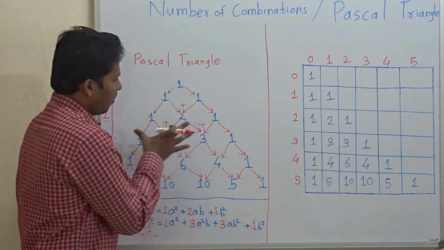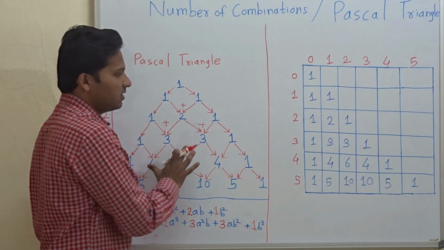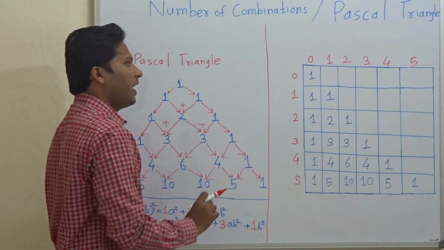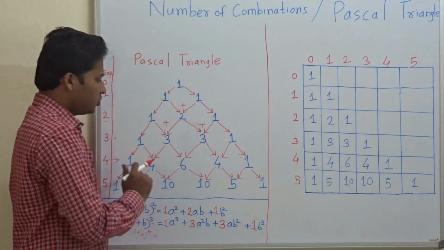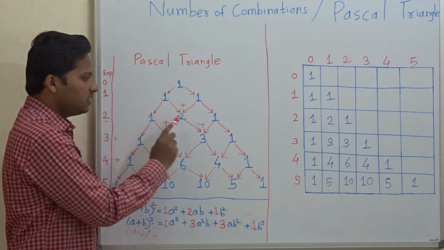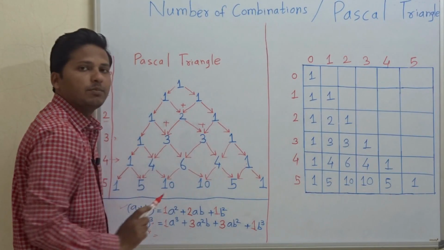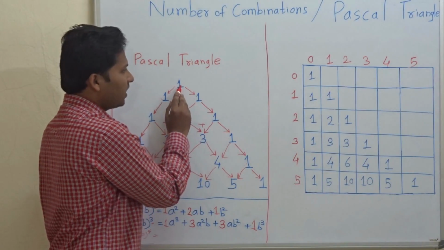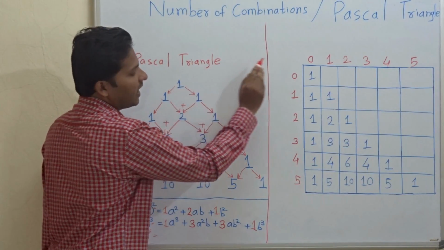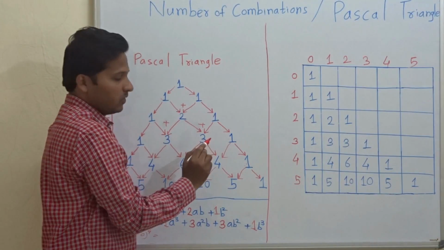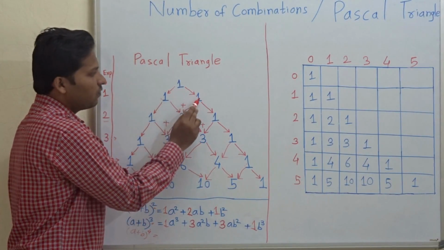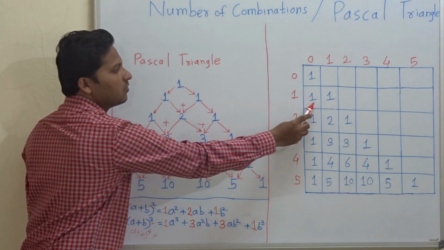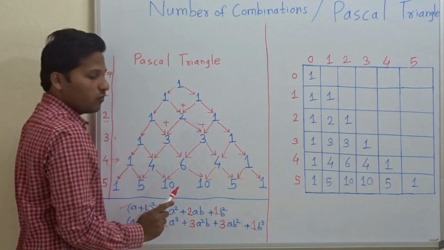Now all these numbers just take into a matrix and write them. I will show you how I have written these numbers into this matrix. So let's see. This 1 I have written as it is in the 0th row. Then 1, 1, so I have written 1, 1 in the first row.